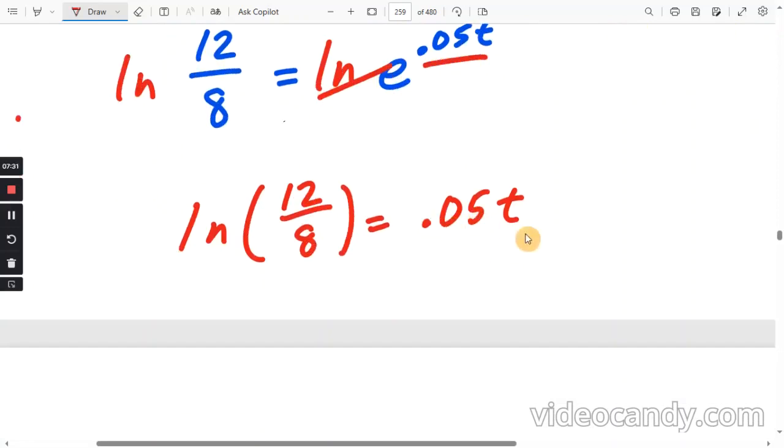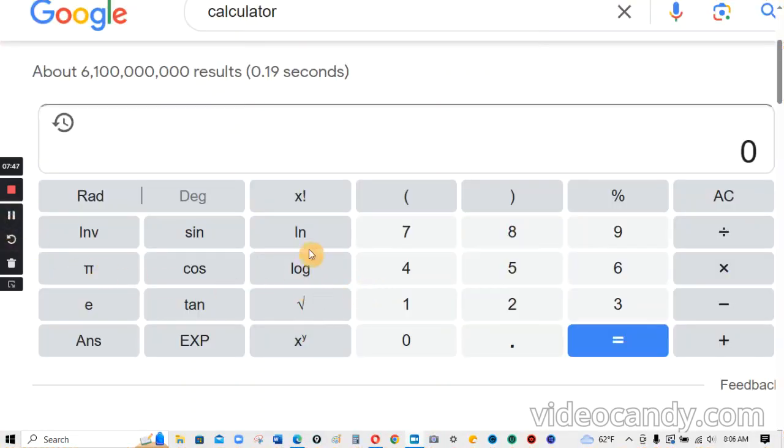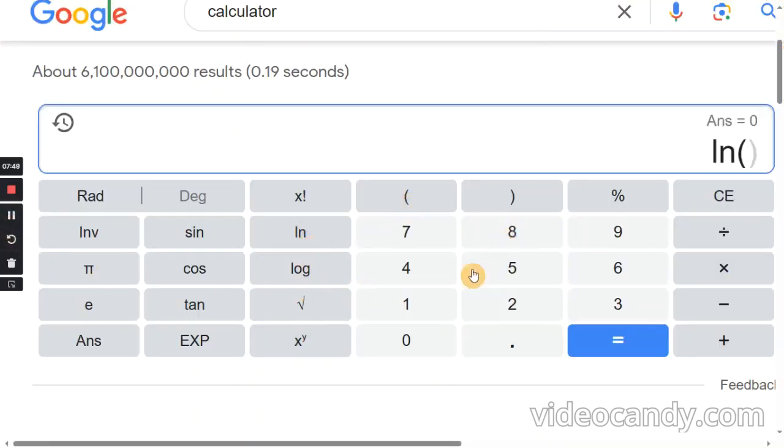Solving for t, the opposite of times 0.05 is divided by 0.05. All right, it cancels on the right, and I'm going to do this on the calculator. All right, natural log of 12 divided by 8, close parentheses, and that was divided by 0.05.